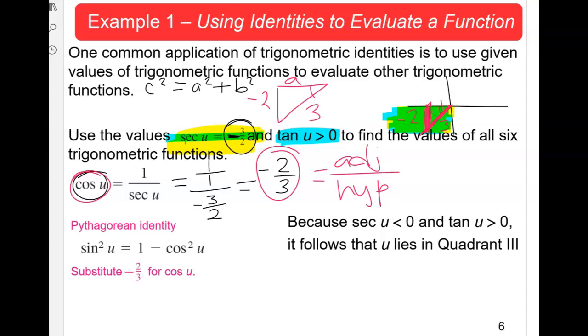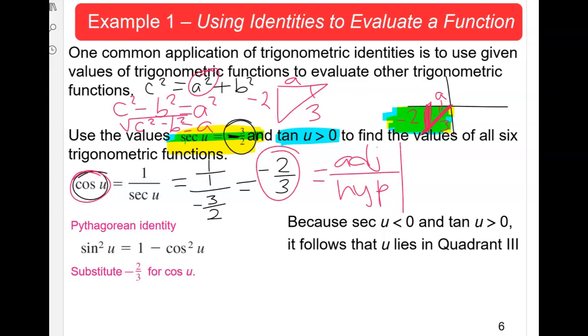So if I want to solve for a squared, that will be a squared is equal to c squared minus b squared. And if we want to solve for a by itself, that will be the square root of c squared minus b squared. And so that's what we're going to do to find what this value will equal.